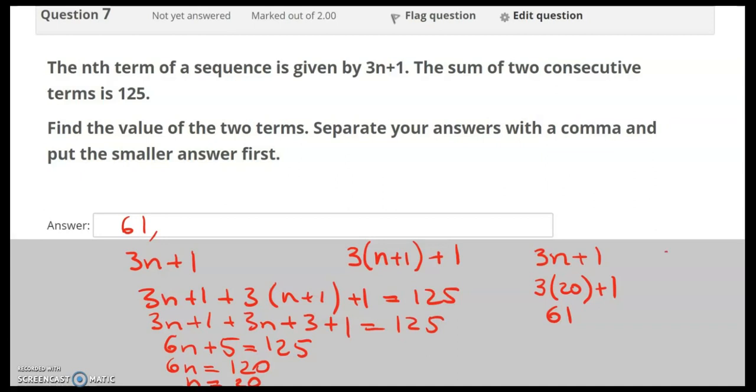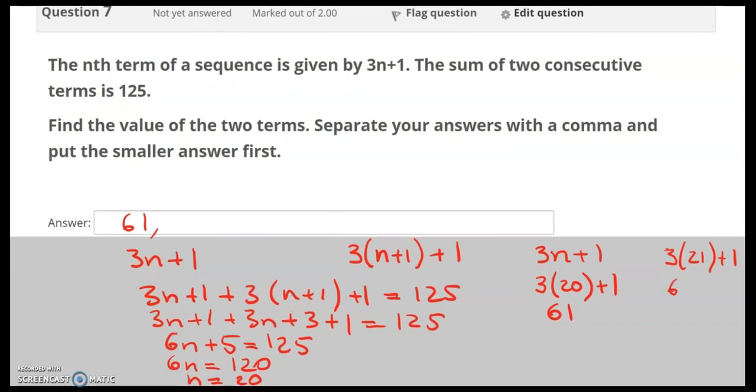So we go 3 times 21 plus 1, that is 63, plus 1 makes 64. So the next term is 64. We can double check because this is 3n, so that means adding 3 to get to the next term. And that works. So 61 and 64 are the two terms that we're looking for.